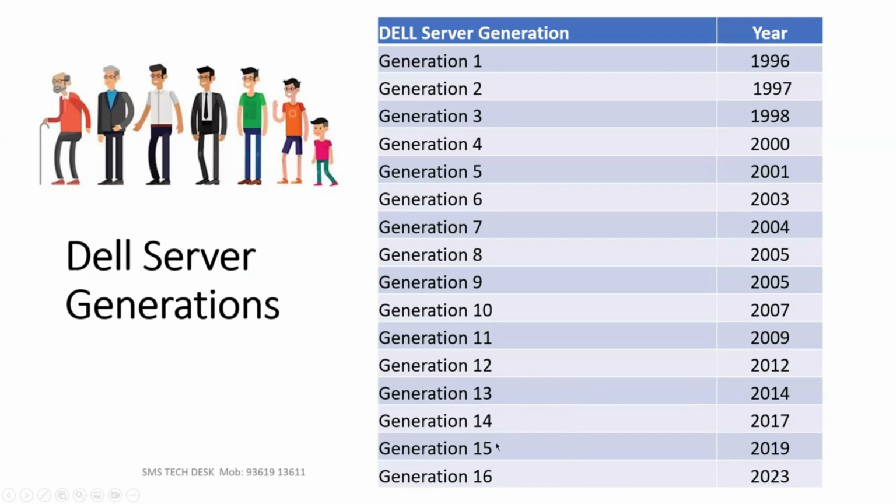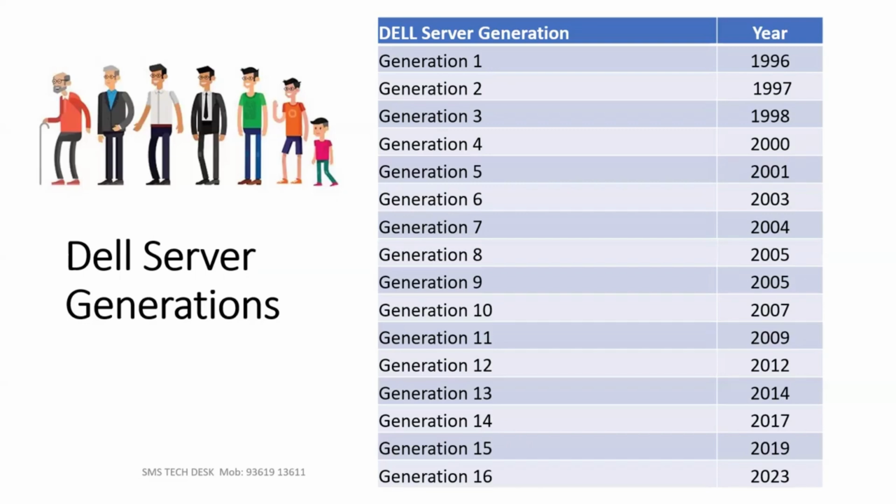Normally on the IT side, every 3 or 4 years a new generation is released. Is it like it depends on the processor or the model? It is not only the processor, it depends on the complete hardware. A complete change in the hardware. For processors, we have separate generations available.